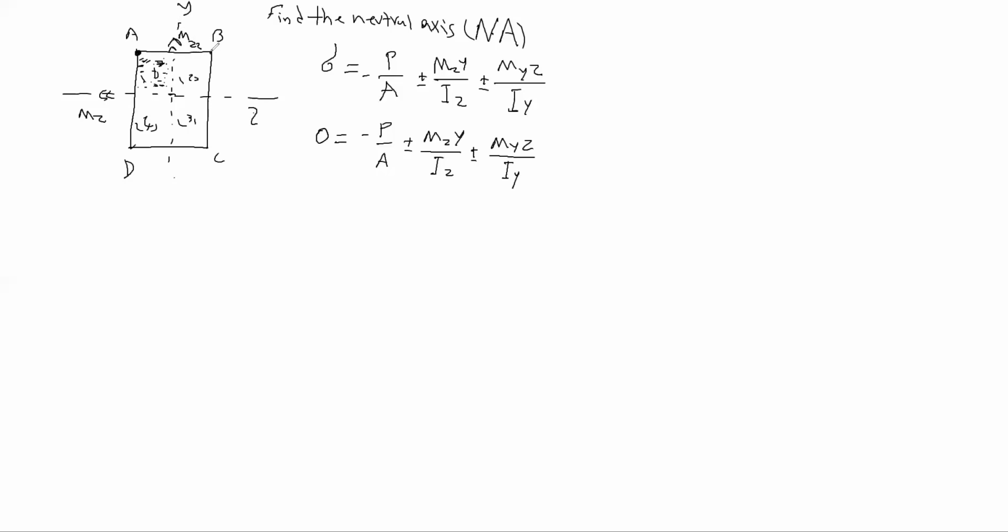And the same for B. For MZ, B is under compression, and for MY, B is also under compression. And for C, for example, based on MZ it is under compression, but based on MY it is tension.